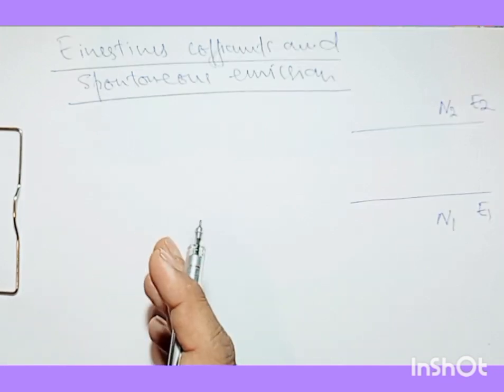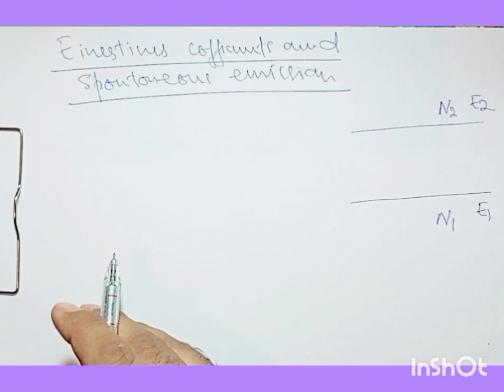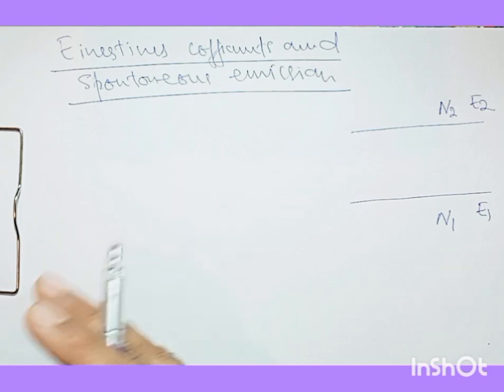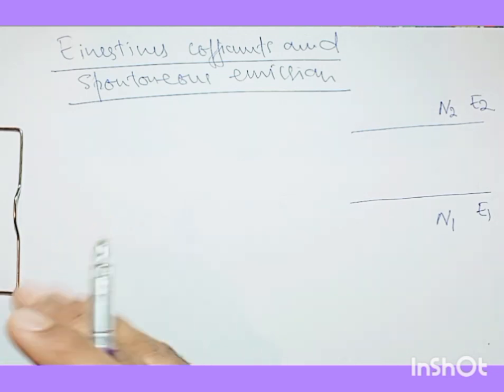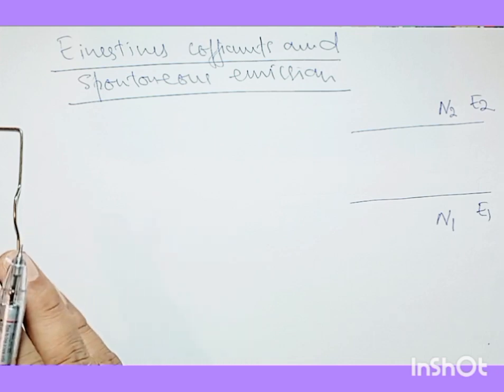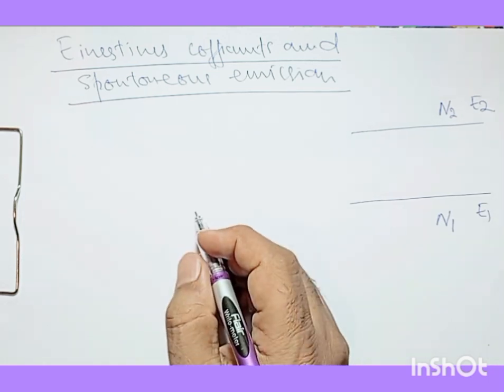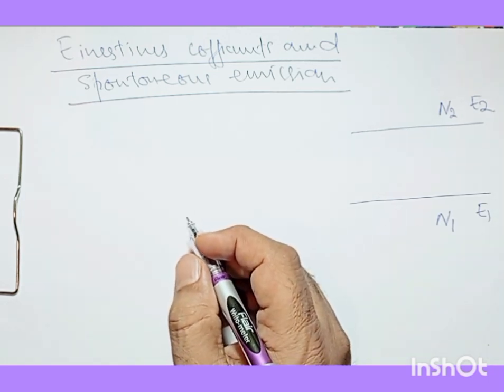And this certainly was a genius idea put forward by Albert Einstein to obtain a relation which would determine the rate at which the spontaneous emission takes place.